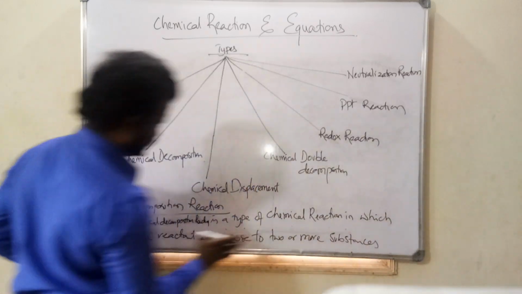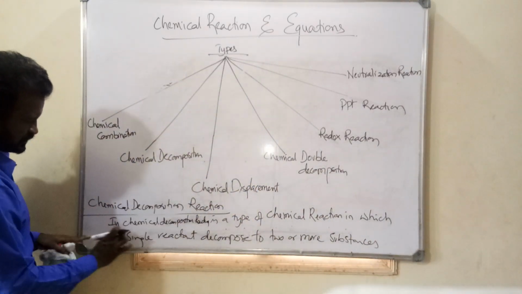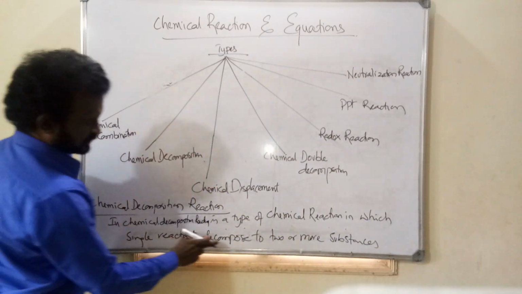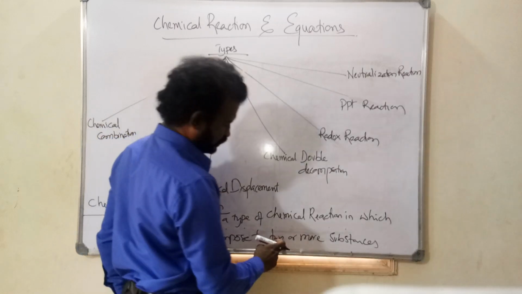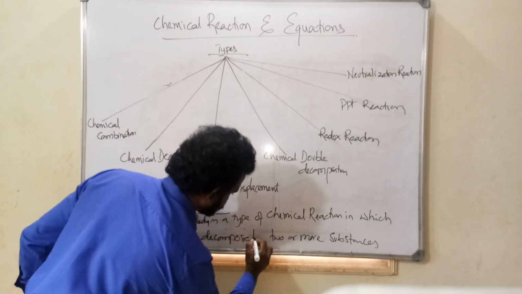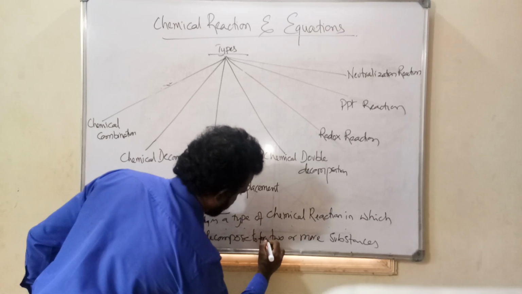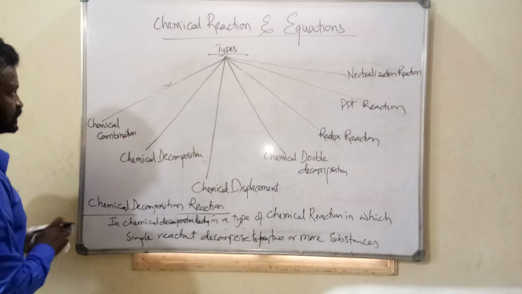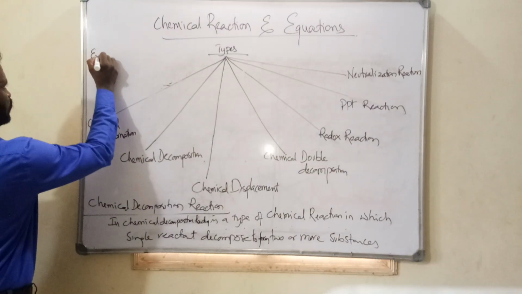See, I am not rubbing out the definition as such, I am just changing a small thing there: in which a single reactant decomposes to form two or more substances. I will take an example here.